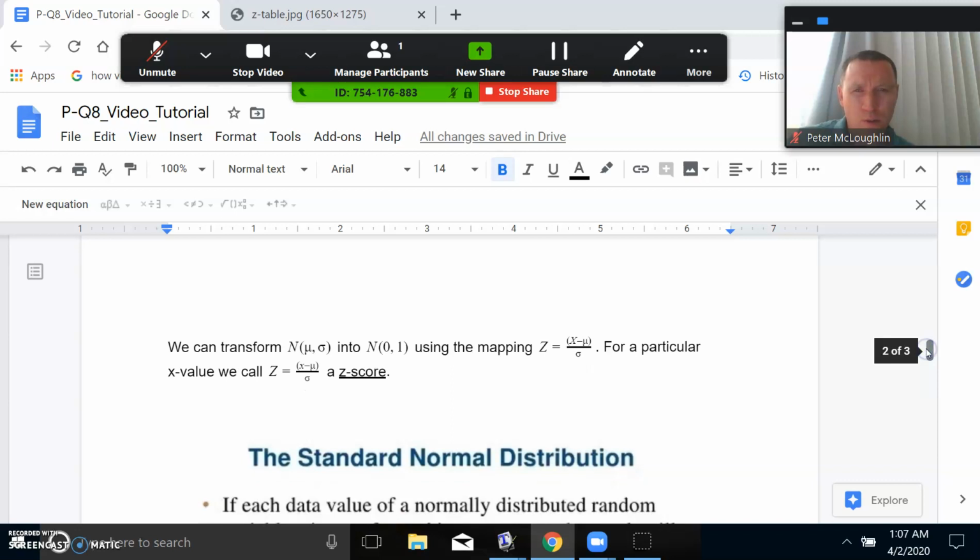There's a way to transform from the standard normal to any other normal distribution. Here, this would be a normal distribution with mean mu and standard deviation sigma. We can map that into the standard normal with this mapping here. Let me show you the picture.